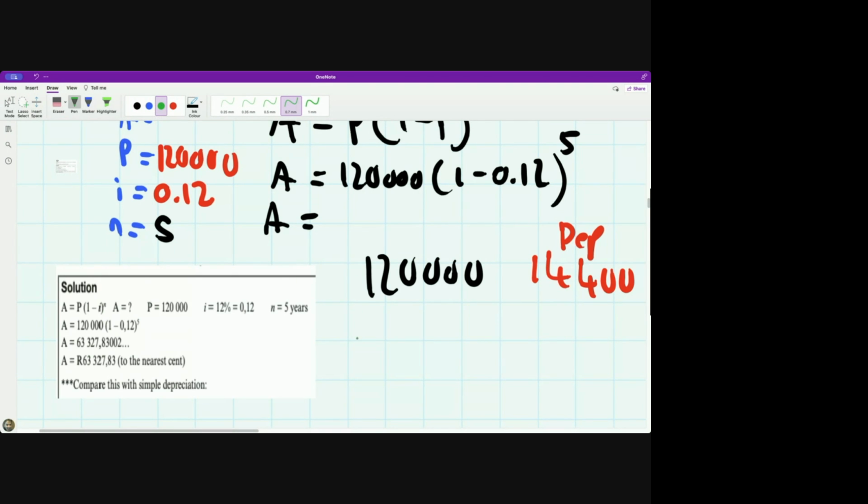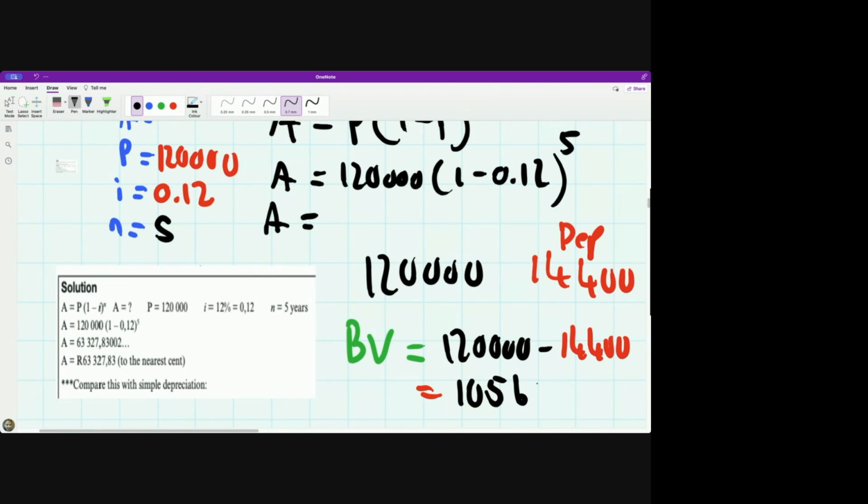Now, in financial maths, there's this idea called the book value, and the book value is just going to be however much it was worth minus how much depreciation there has been. And in this case, the book value after 1 year, so 120,000 minus 14,400, after year one, the car is worth 105,600.